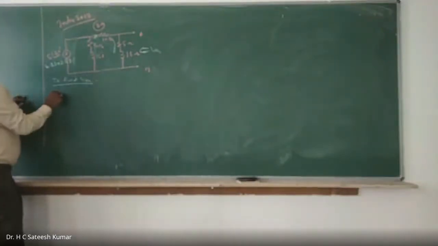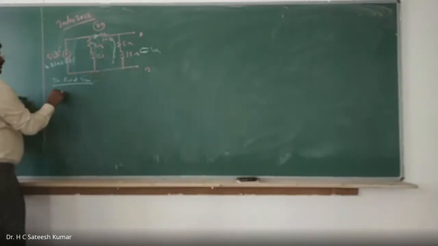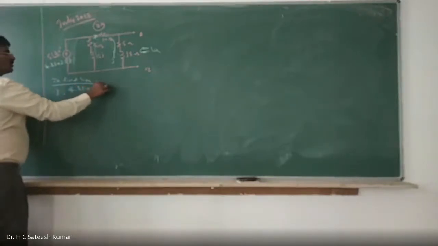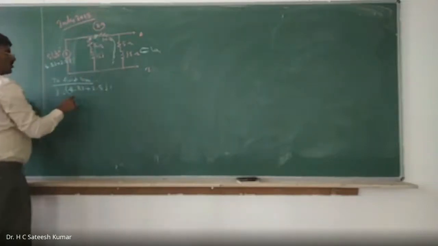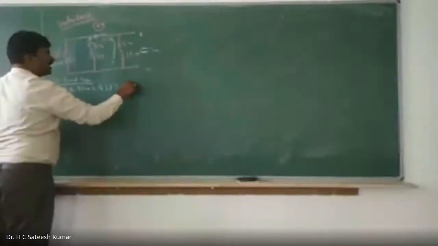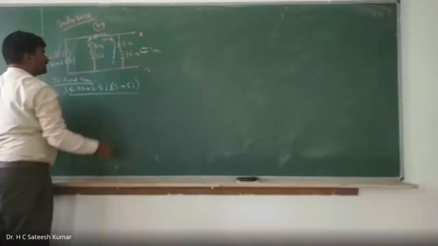Call this one I. I is equal to the total current, 4.33 plus j2.5. You should be very careful: the current divides here only. Total current into the resistance in the other branch, 5 plus j5, divided by total resistance.